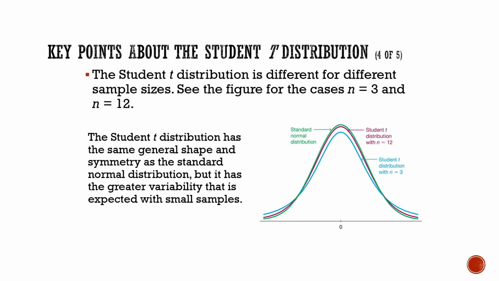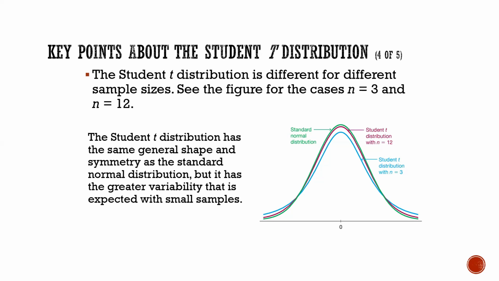So these T curves, the red and the blue one, have thicker tails. Thicker tails means that your standard deviation is higher, because your data is more spread out. Are we following so far?